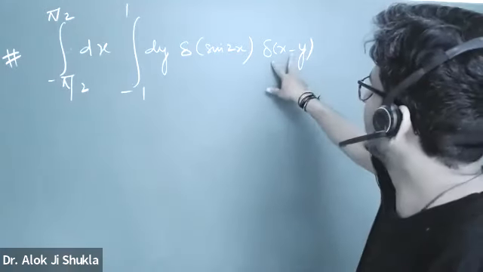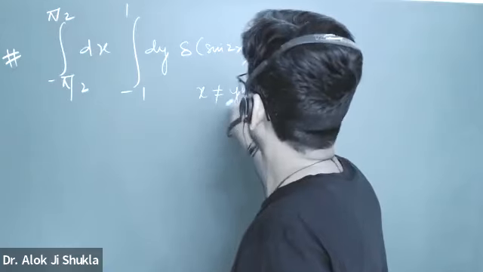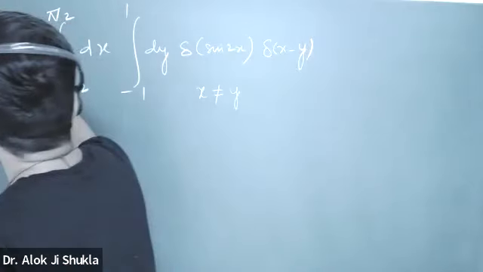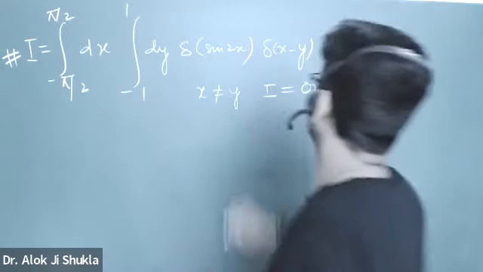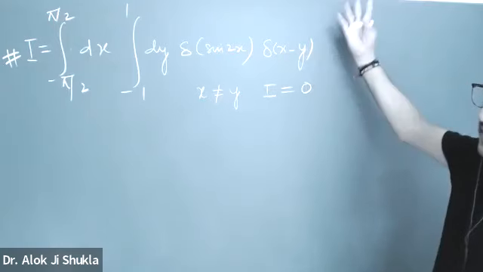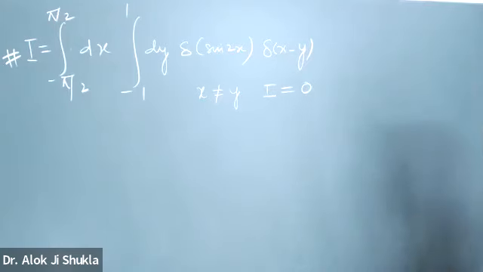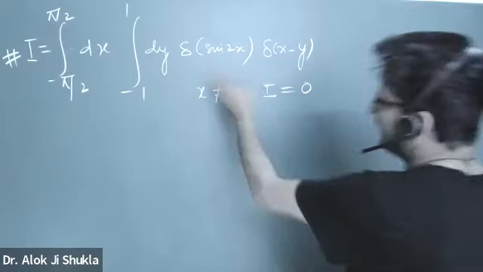If this x is not equal to y, what is this integral equal to? 0. Because you know delta function is 0 at all other points, it only exists at x is equal to y. Correct? Yes, sir. So that means x is equal to y.